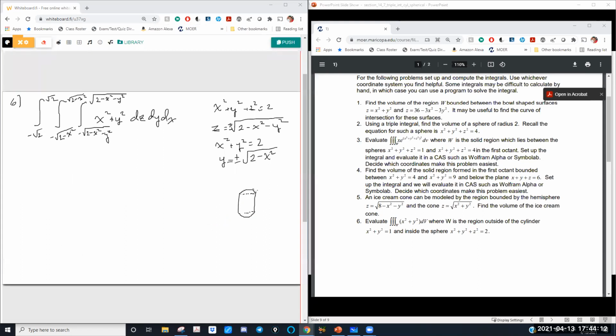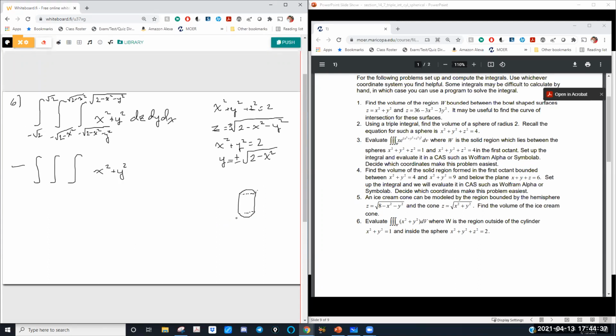Okay, so we've got kind of this pill shape in 3D that we have to figure out now. And remember what we're doing. We're subtracting this out. I'm not going to get them on the same line. This is a subtraction sign. We're doing the whole thing, and now we're subtracting out what's inside. Now, we're still going to have the same function inside, so x squared plus y squared.